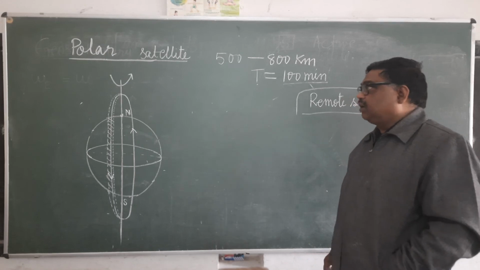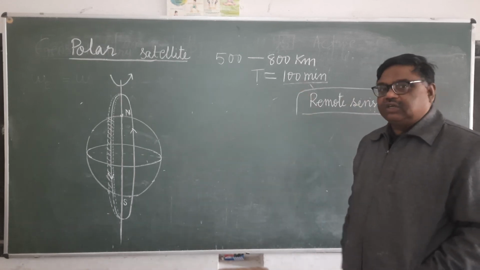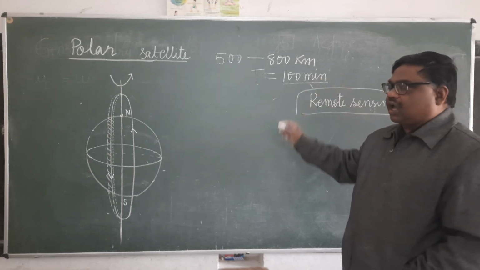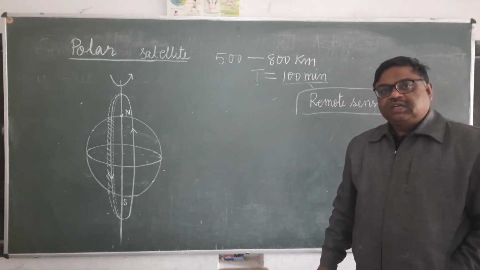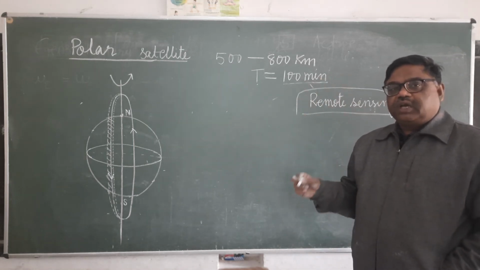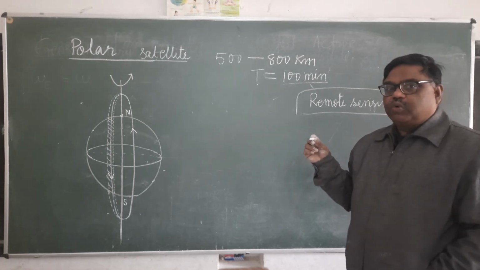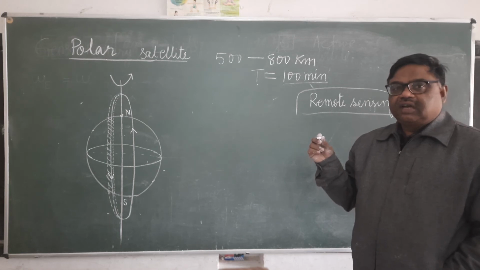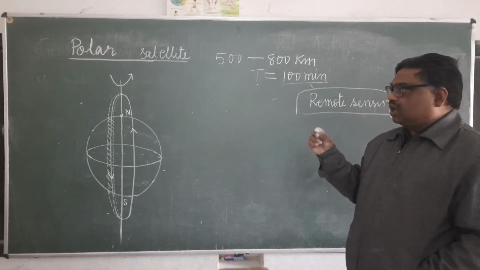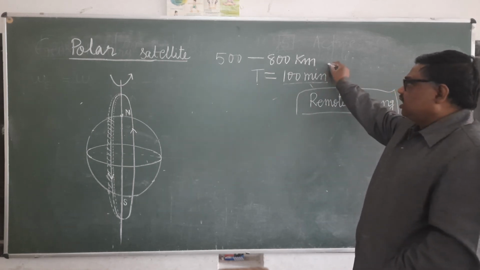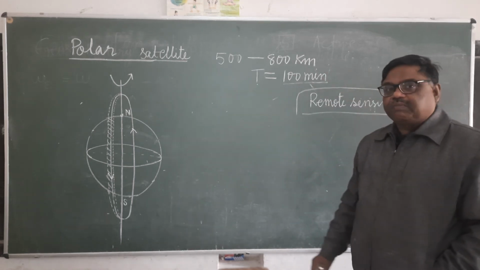You remember that polar satellites are low altitude satellites. They are revolving around the earth in the polar orbit. Polar orbit means they are moving around the earth in such a way that they pass above the poles of the earth, and they are revolving around the earth in north to south direction at this much height. Their period of revolution is 100 minutes.